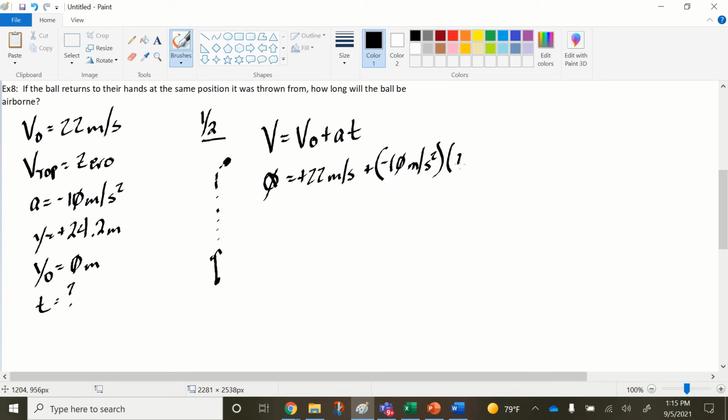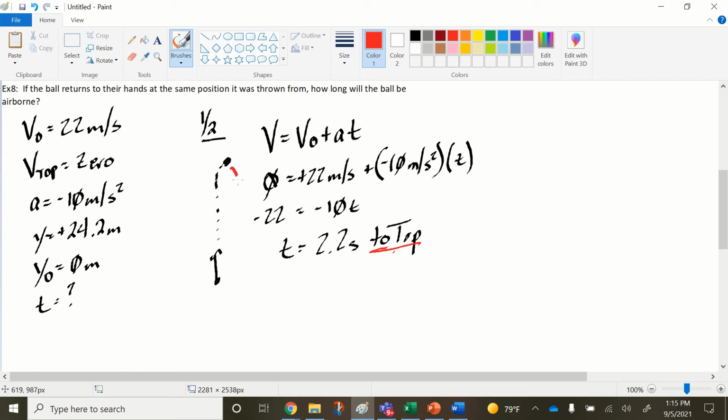And time is what we're solving for. So move 22 over. Negative 22 is equal to negative 10t. Divide both sides by 10. This is why I like using 10 instead of 9.8. And the amount of time it took to reach the top was 2.2 seconds. That's going to be important. We didn't solve this yet. That's just how long it took to reach the top.